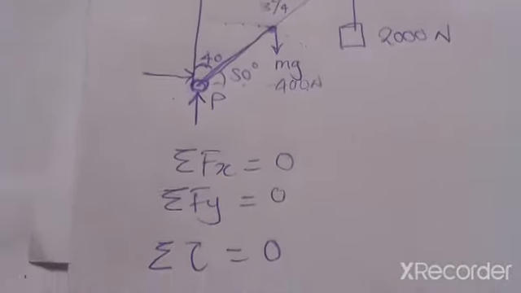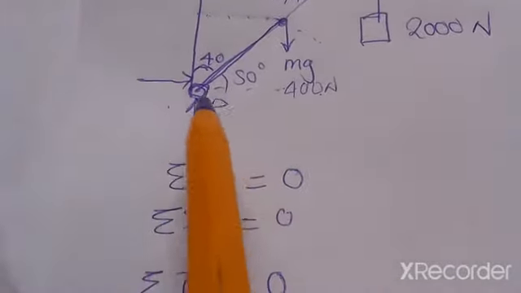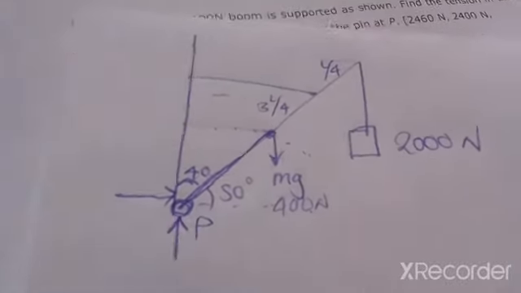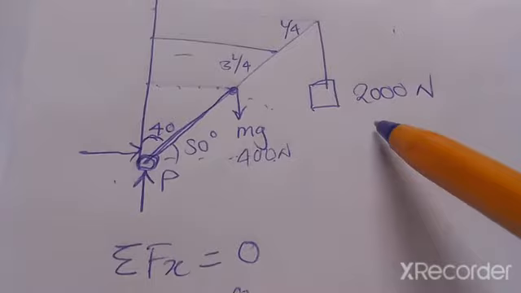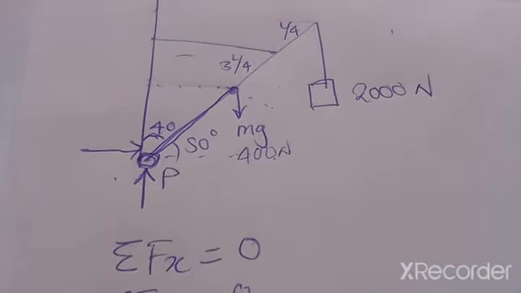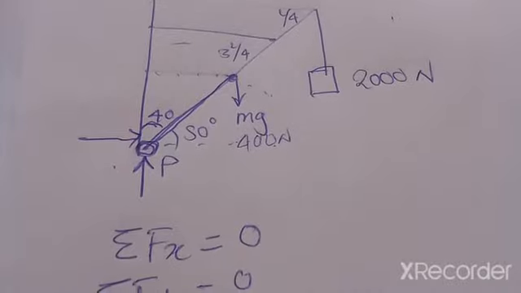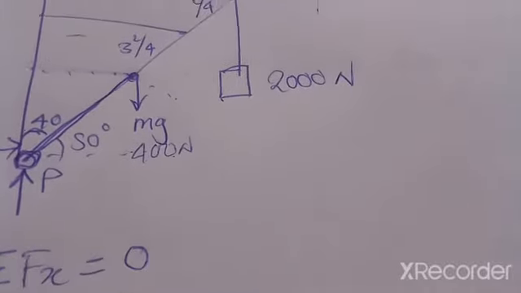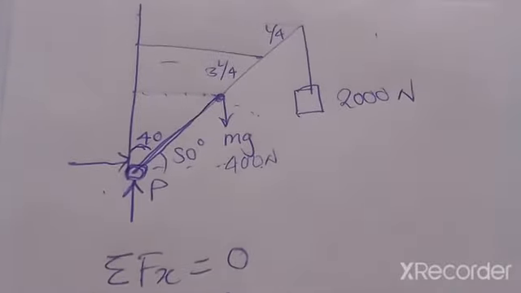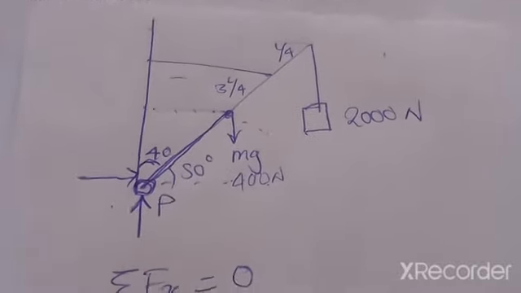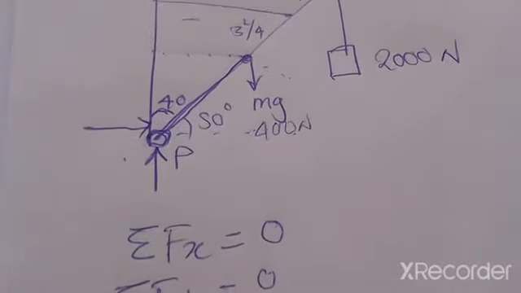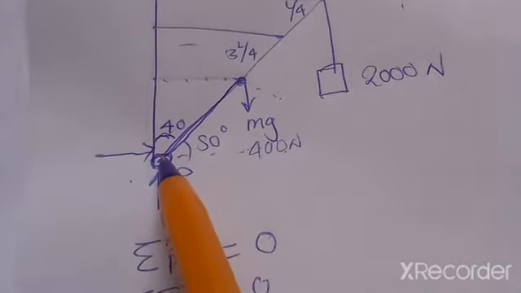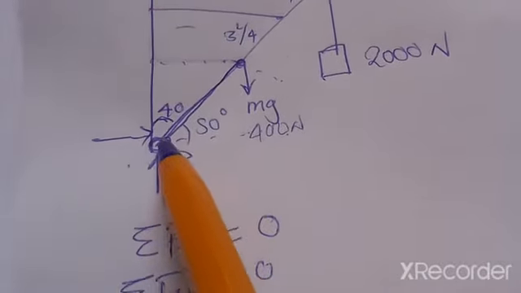We'll start with the torque with reference to this point P here. Okay, so like I said in the previous video, the torque in the clockwise direction is taken as negative, and the torque in the anti-clockwise direction is taken as positive. So we are going to start with the torque with reference to this point.